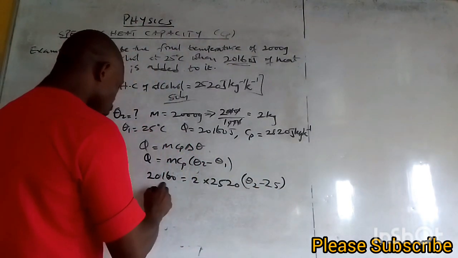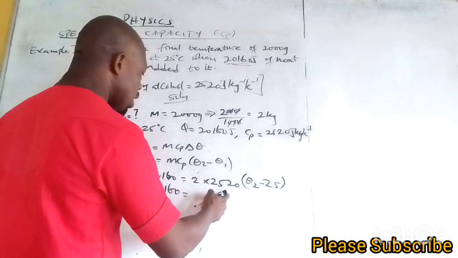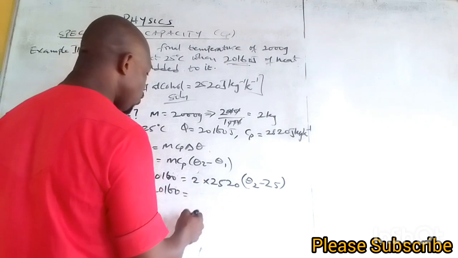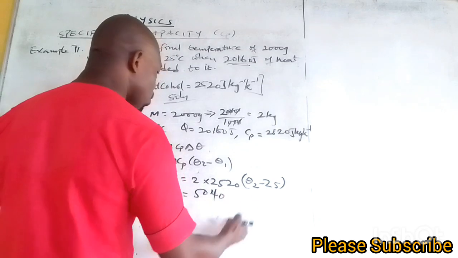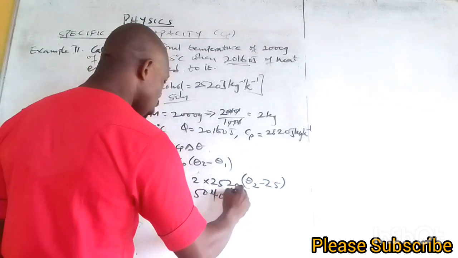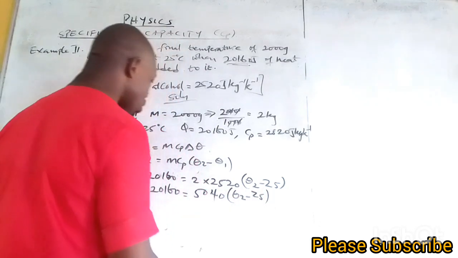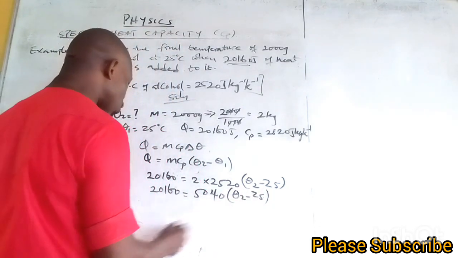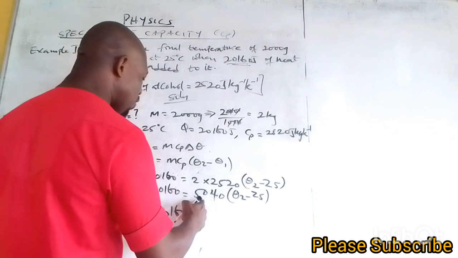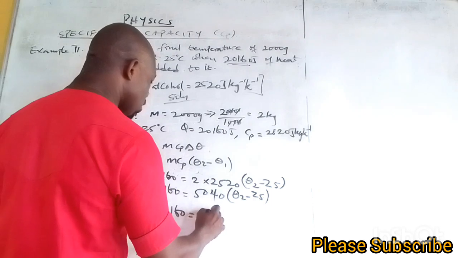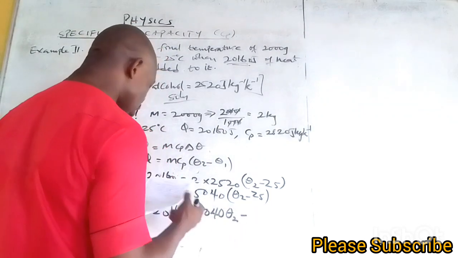Bring this one down. 20160 is equal to 2 times 2,520, which will give us, by calculation, 5040. Now we'll bring this one also, theta 2 minus 25. Expand this. By expansion, we have 20160 is equal to 5040 times theta 2 minus 5040 times 25.